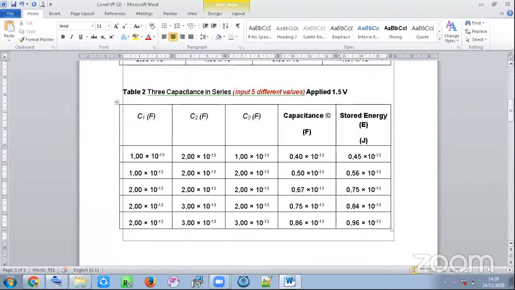And the result of capacitance and stored energy are 0.86 times 10 to the power of minus 13 and 0.96 times 10 to the power of minus 13.